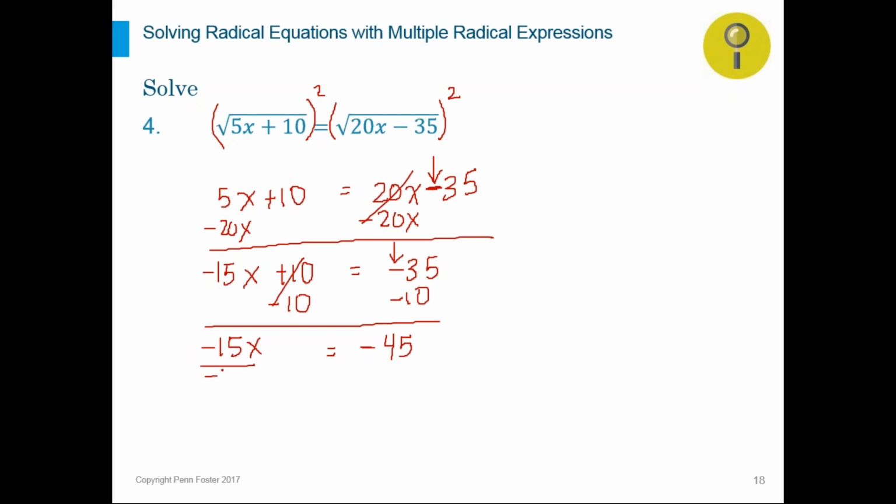Divide over 15 to isolate the x. Remember, negative over negative is a positive. Positive 1x equals to positive 3. And x equals to 3, and that would be your final answer.